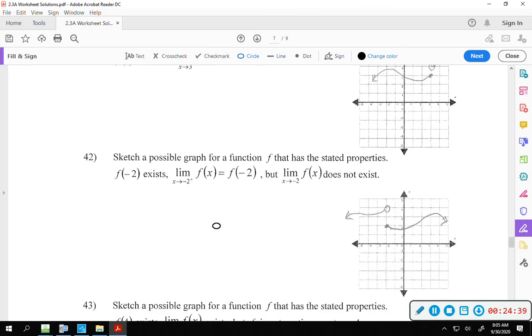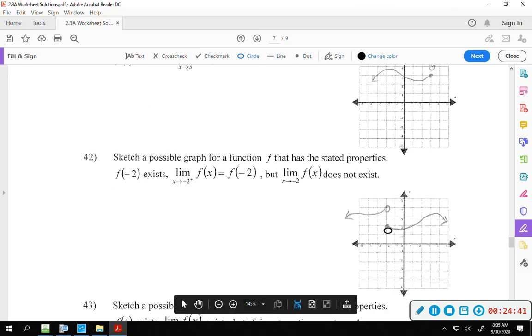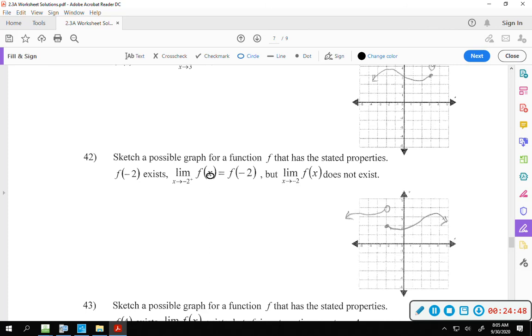Same with 42. f at negative 2 exists. Put a point at negative 2 somewhere. The limit as x approaches negative 2 from the right equals f at negative 2. So now this time we have to make sure that as we approach from the right, we're going to connect to this value. Because it says the right-hand limit equals the value of the function at negative 2.